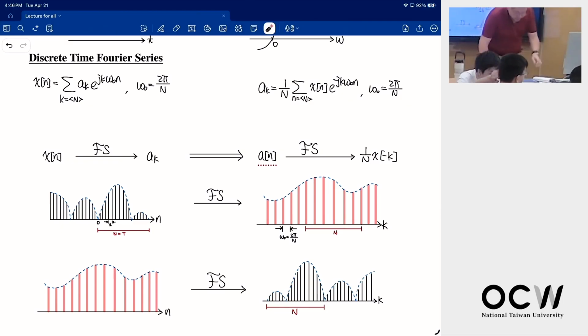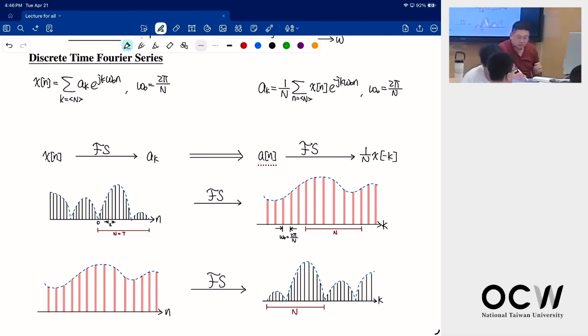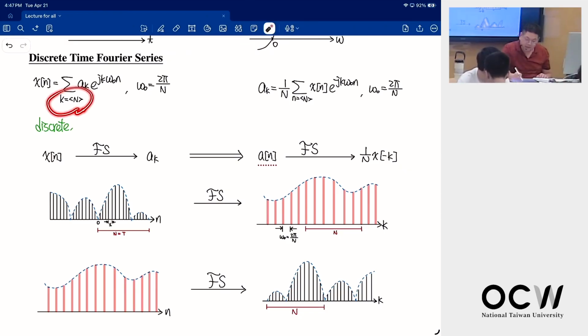So first, it is discrete. Periodic or not periodic? For Fourier series, it is periodic, right? And so it's periodic for period n. So this is periodic.